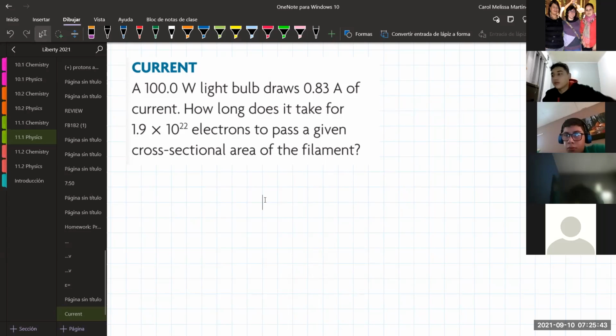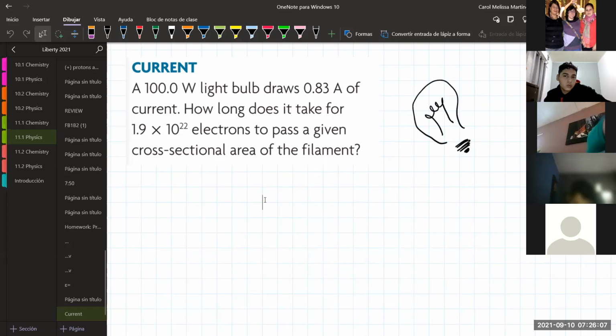We're talking about a light bulb, okay? So this is what we have. And what it means in the end is, what is current?